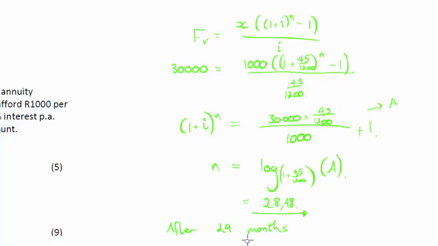Like in our formula, my n and my i must be related. My n represents how many months, for example, if I get monthly installments, and my i has to be the interest per month. If my n represents number of years, my i must be the interest per year if my investments are yearly.